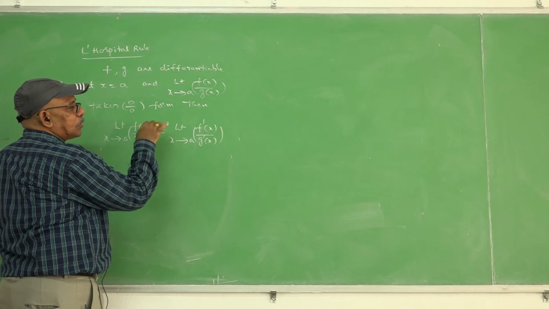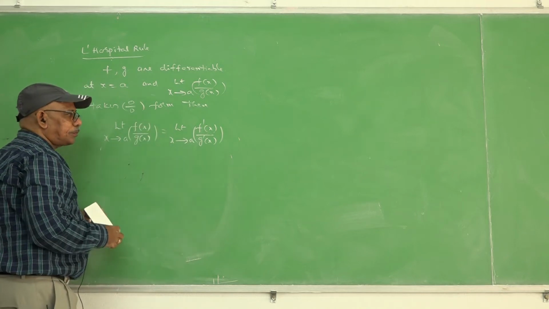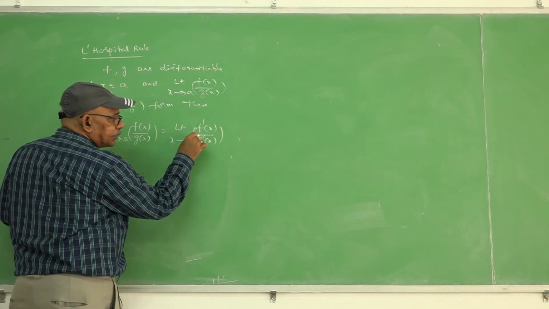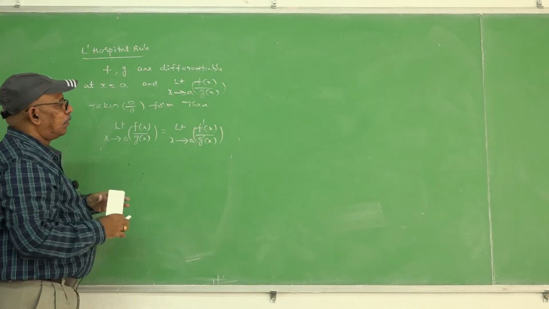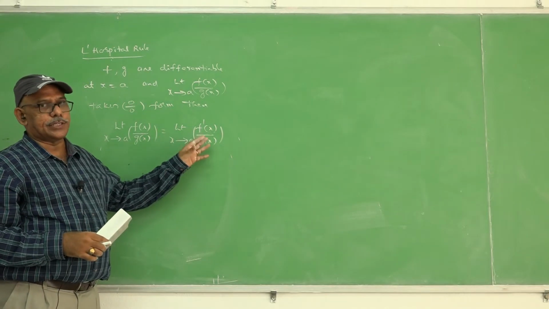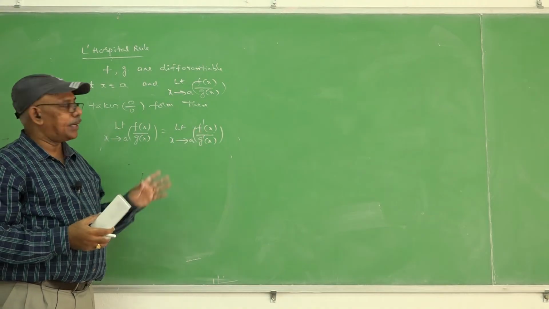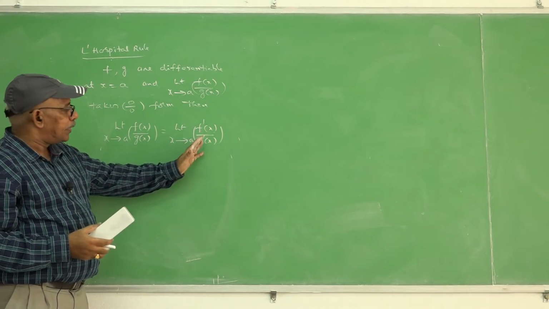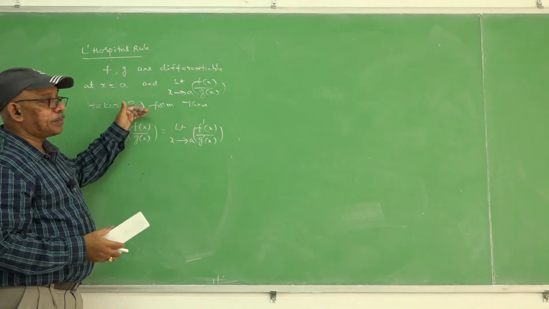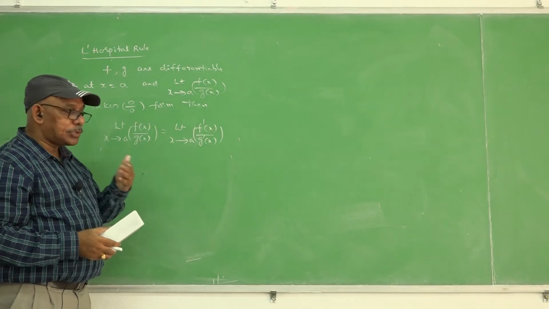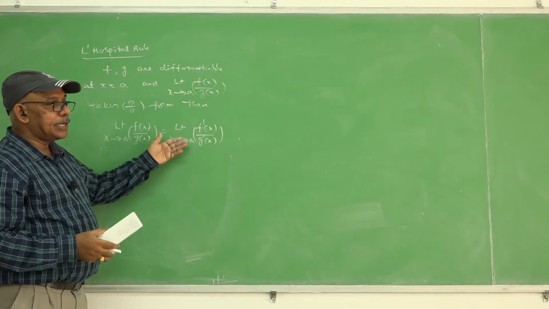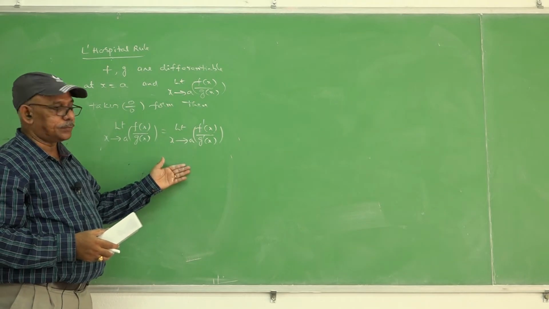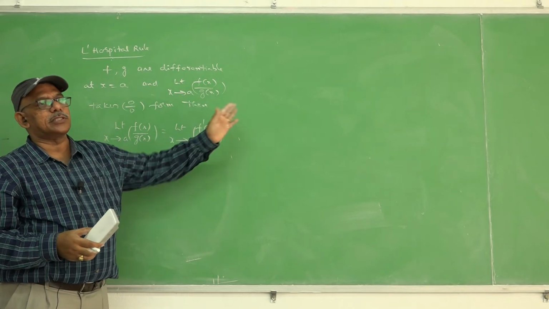So this rule is called L'Hospital's rule. Suppose this limit also takes the value 0 by 0, even after you differentiate the numerator and denominator individually and apply the limit as x goes to a. That means it is still in the form 0 by 0. You can continue the same process for higher derivatives.